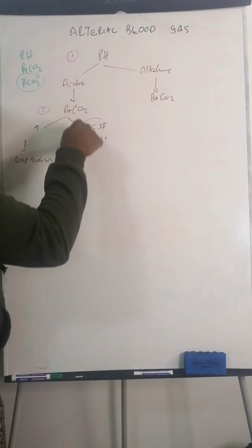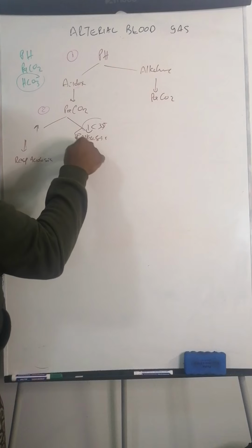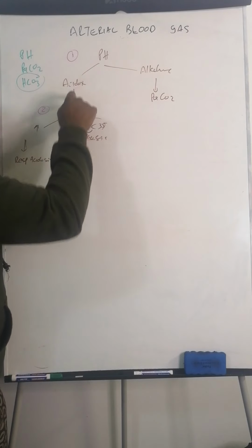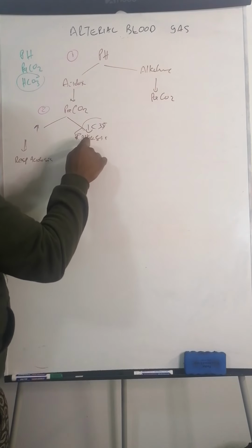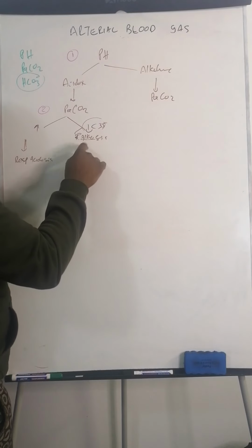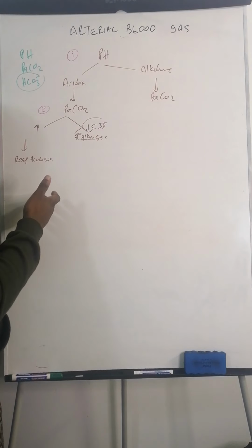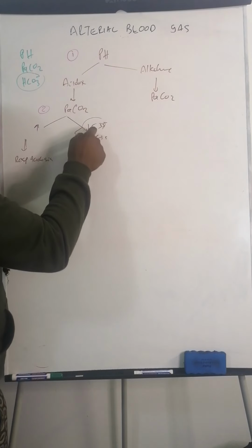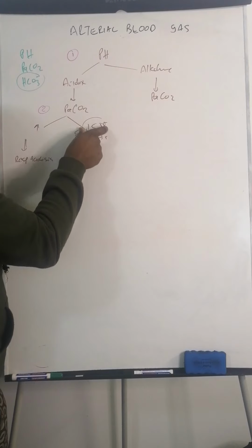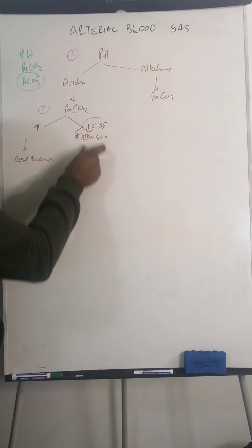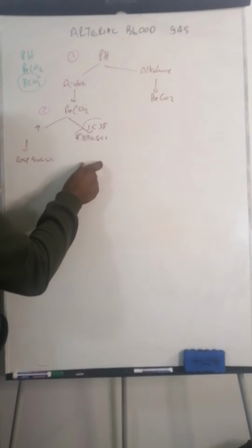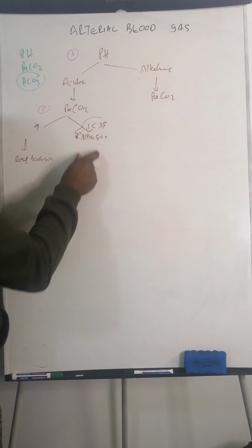So this acidosis has got nothing to do with this low partial pressure, because we know that a low partial pressure gives us alkalosis, which is the case here. So this is not the primary problem for this patient. This is just compensating.